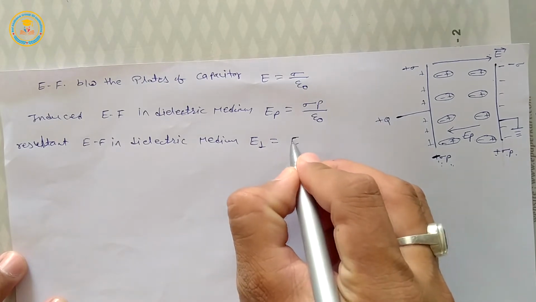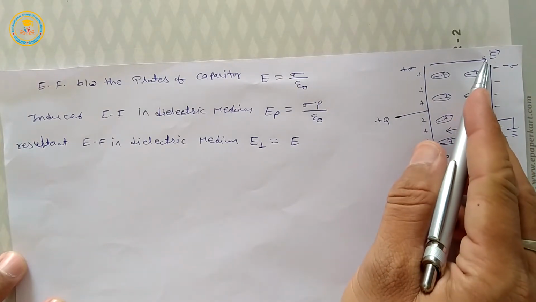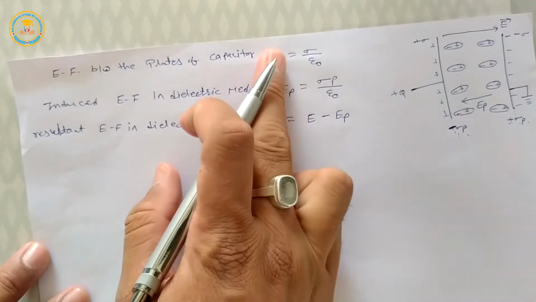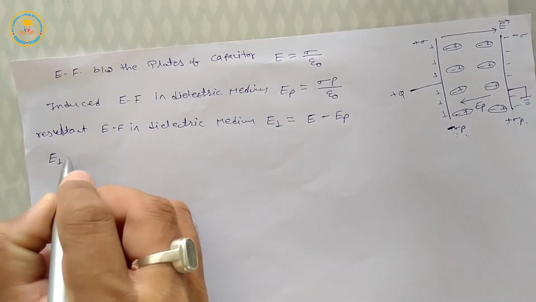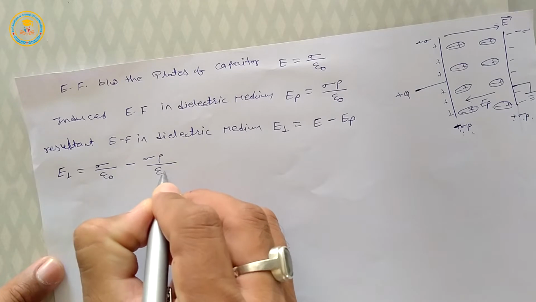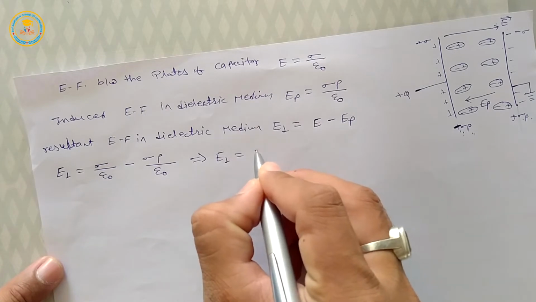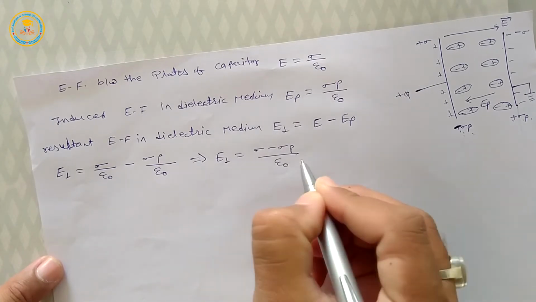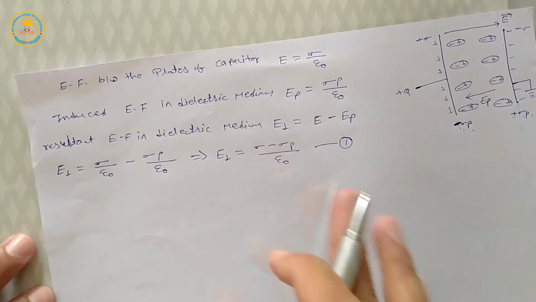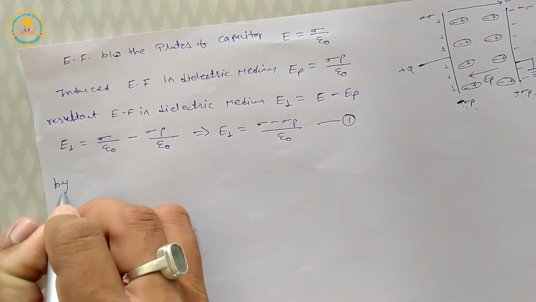It means E plus EP, but here the direction of EP is opposite to E, so E minus EP. Putting the values of E and EP, E1 is equal to sigma upon epsilon naught minus sigma p upon epsilon naught. Taking the LCM, E1 is equal to sigma minus sigma p upon epsilon naught. This is equation number 1.